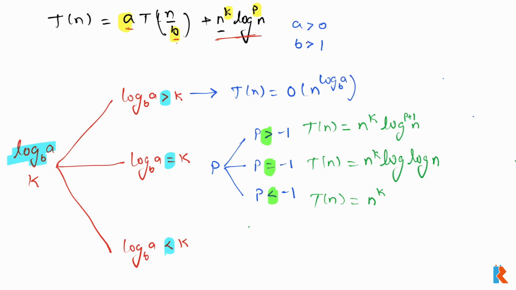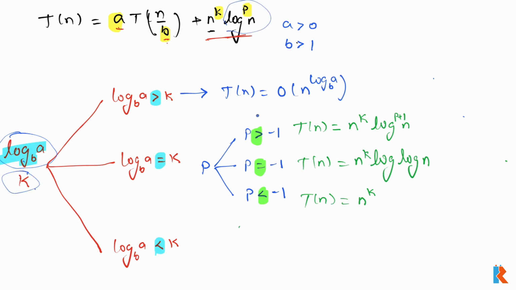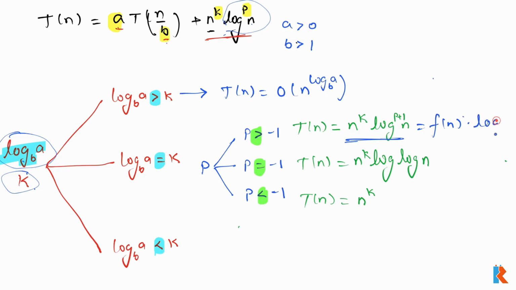So let me repeat it again. You compare log of a to the base b with k. If they are equal, then you check for the value of p. P means power of log n in the function. If power of log n in the function is 0 or positive, then we keep the function as it is and multiply it with log n. So this is nothing but function multiplied by log of n.